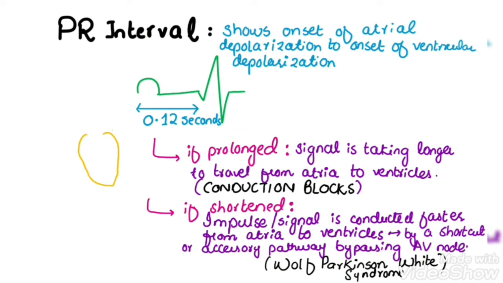The conduction block can occur at any point from the AV node till the Purkinje fibers, and on that basis it has different types which will be discussed in later videos. Whereas the Wolff-Parkinson-White syndrome has an accessory pathway or a shortcut route that connects the atria to the ventricles.